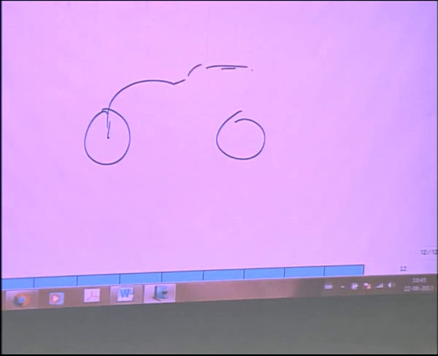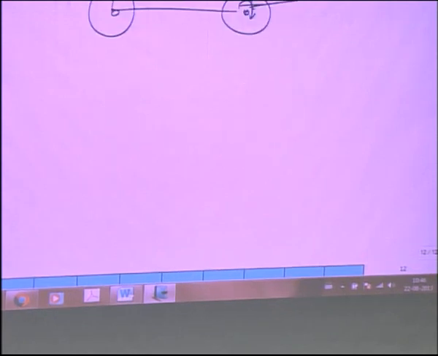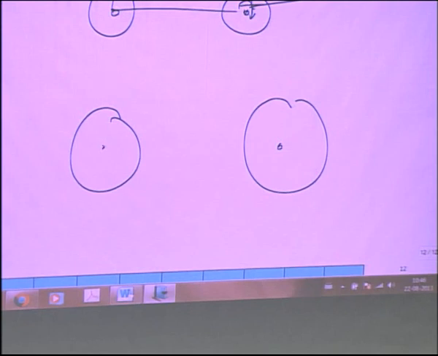See, what happens in a vehicle is, if this is the vehicle, one of the wheels is a driven wheel, the other is not a driven wheel. So suppose the rear wheel is the driven wheel, the front wheel is not a driven wheel. Now for this to move forward, let me first erase this because this will create confusion.